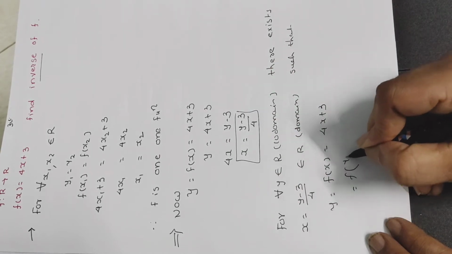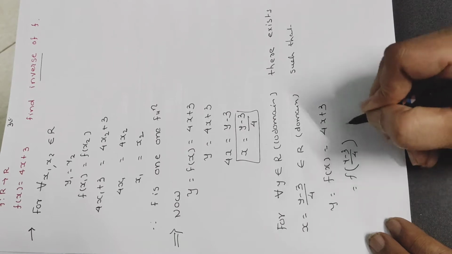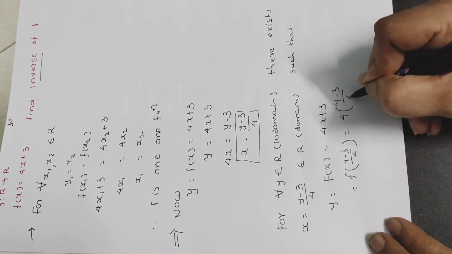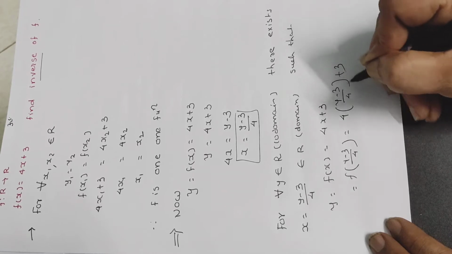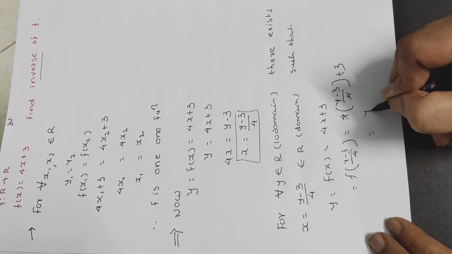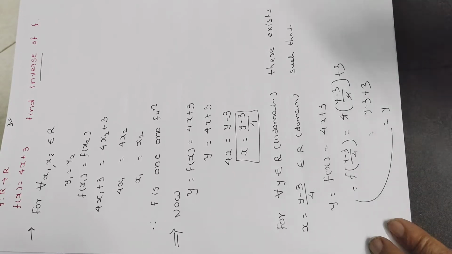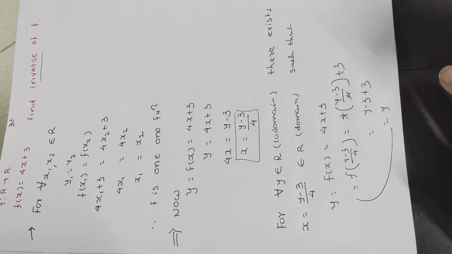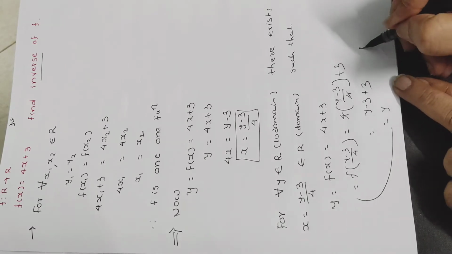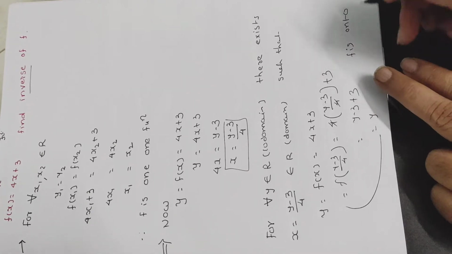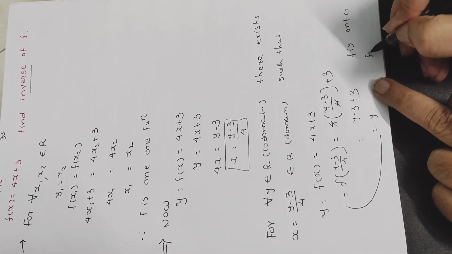So f of (y minus 3) by 4 is equal to 4 times (y minus 3) by 4 plus 3. So this is y minus 3 plus 3. So y is equal to y, means function is onto. So f is onto and f inverse exists.